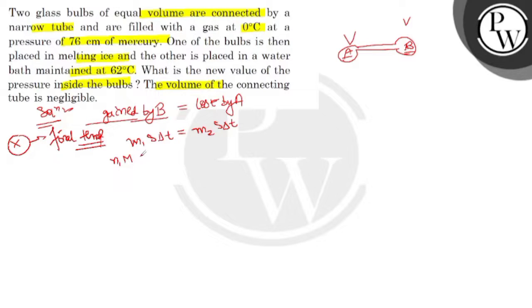For S delta T, for B we can take the final temperature as X and the initial as 0, so final minus initial is X minus 0.